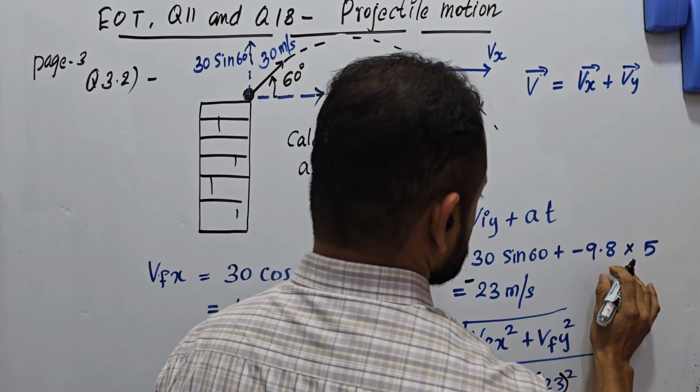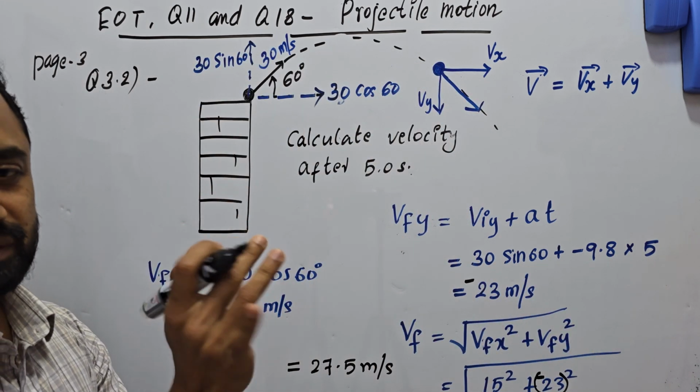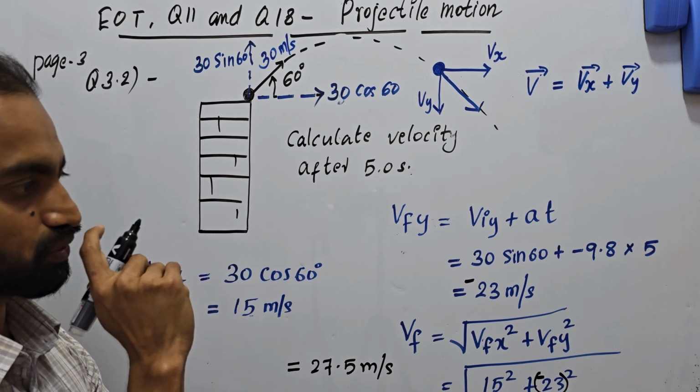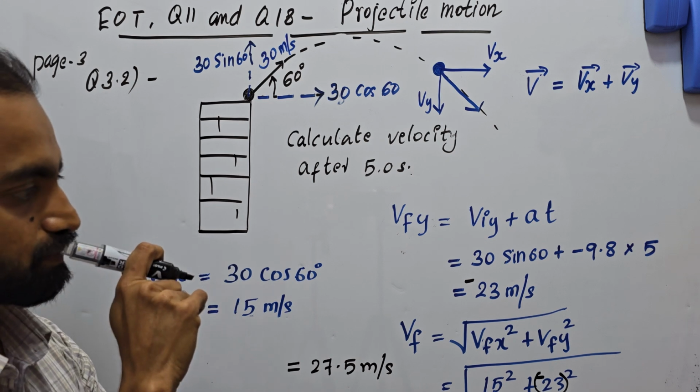Yeah, for acceleration, it is always minus 9.8 for projectile motion, because it is acceleration due to gravity, and acceleration is in the downward direction.